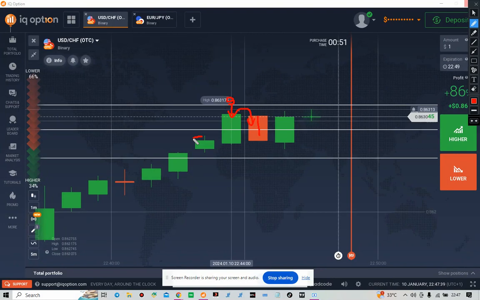But there were some sellers that were supposed to enter here to push the price downward, but instead they failed. Instead of sellers, buyers entered, which means this level is now the buyers zone. That's why we have this bullish candle to reverse the price upward.